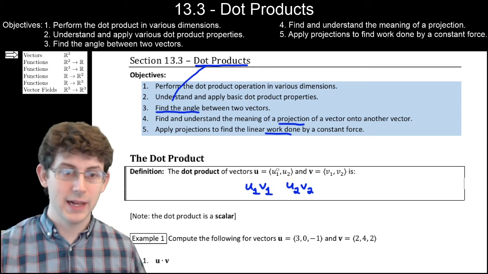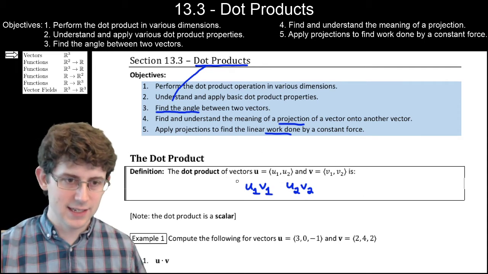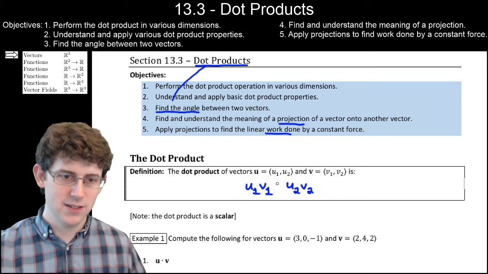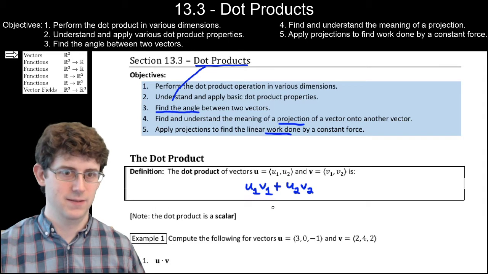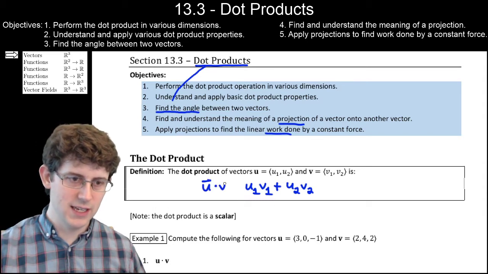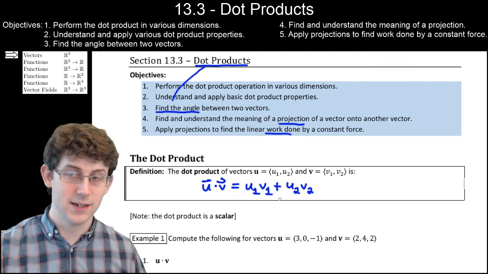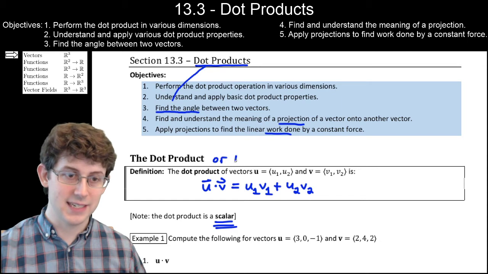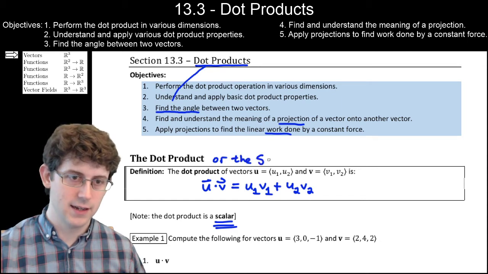While you do multiply the corresponding components together, instead of putting the result into a vector, you just add them together. The end result is that u dot v is a scalar. It's not a vector. Sometimes the dot product is called the scalar product for that reason.